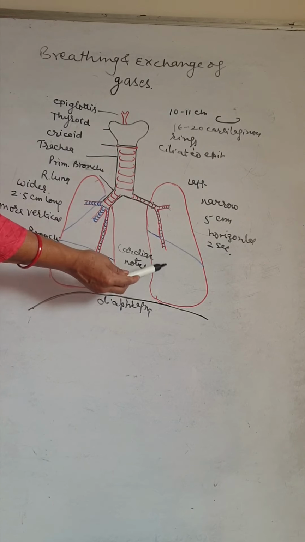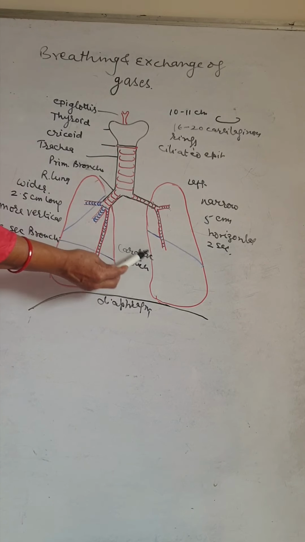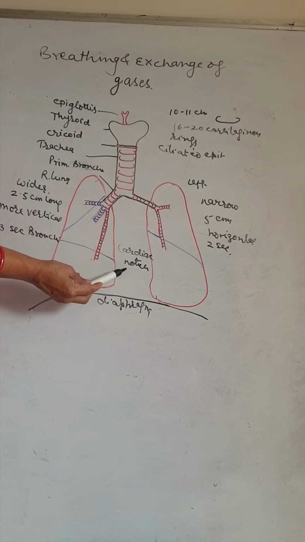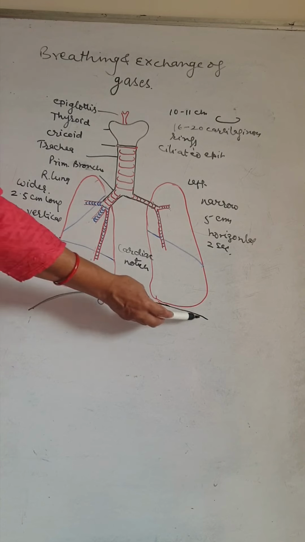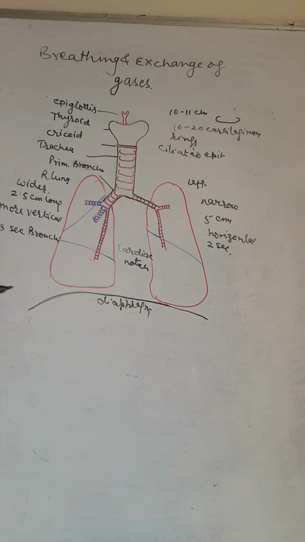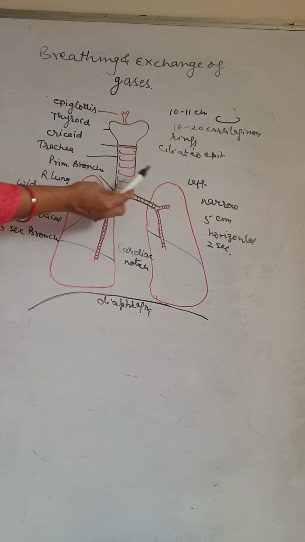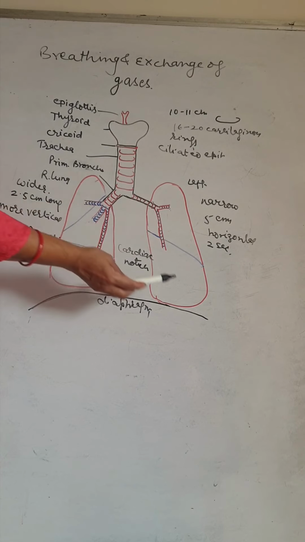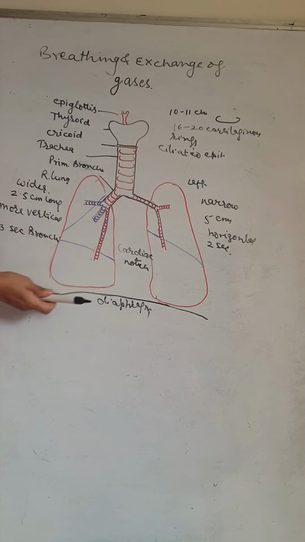The left one is smaller and has the space called the cardiac notch, and both lungs rest on the diaphragm. The lungs are conical in shape, pointed and tapering at the upper side, and the base is broader. These are the diagrams of the respiratory tract. Further division we will discuss now.